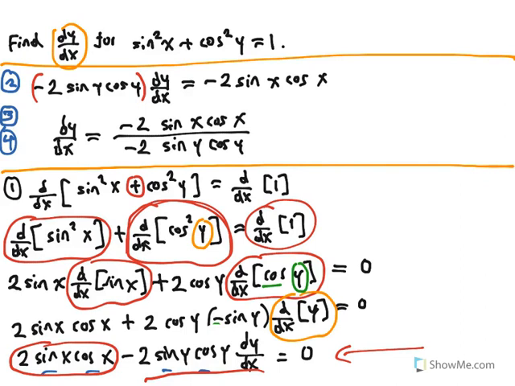And one thing that you can do is you can cancel the common factor of negative 2 to simplify, and that would make your final answer what you have now. You can't do much more than this because the arguments here are different, so you just have to leave it as you see it. That's your final answer.